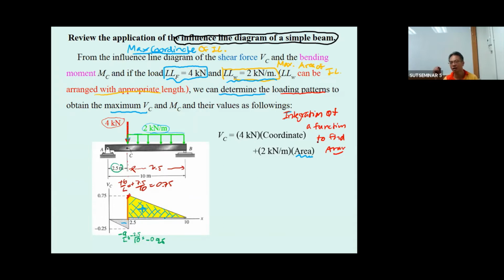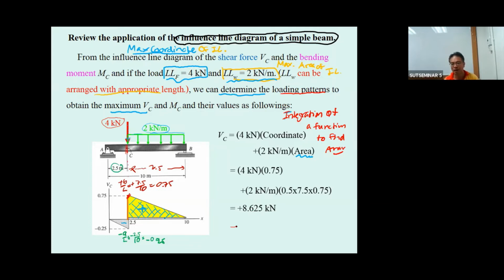Just go back. You have to find the area for a curve. And then by doing this, it's very simple, you get the shear here going to be 8.625. The shear that occurs over here.